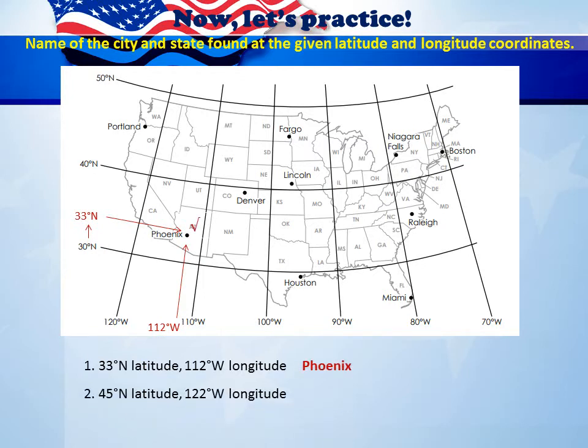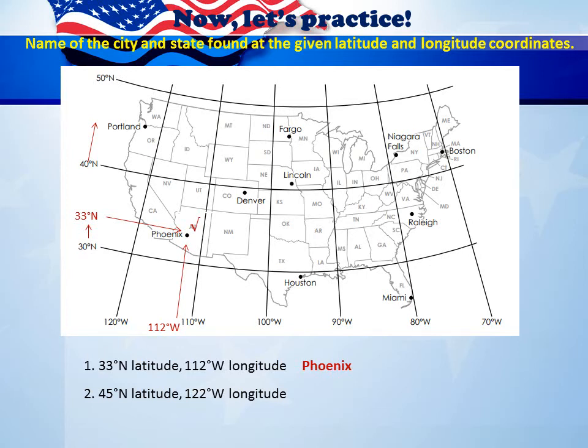Okay, so number 2, we have 45-degree north latitude and 122-degree west longitude. Look for the number closer to 45-degree latitude. Here we have 40 and 50. Obviously, it's between these two numbers, right?